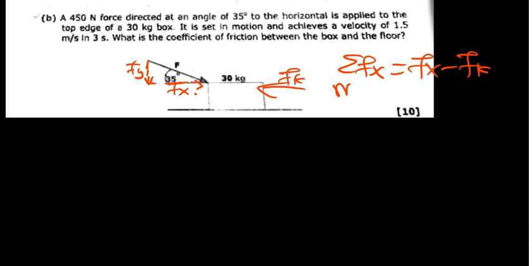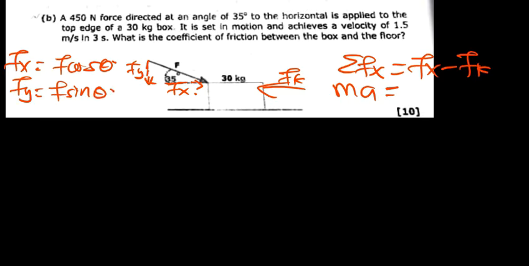Mass times acceleration is going to be Fx. Using SOHCAHTOA, Fx is going to be F cos theta, and Fy is going to be F sin theta. As simple as that. So I'm going to replace Fx with F cos theta, minus the friction force, which is mu times the normal force. Now we need to find the normal force.